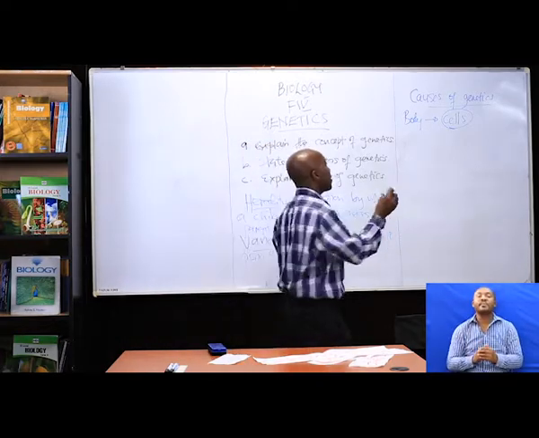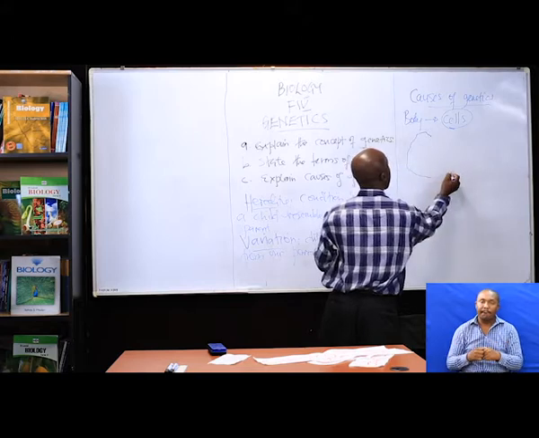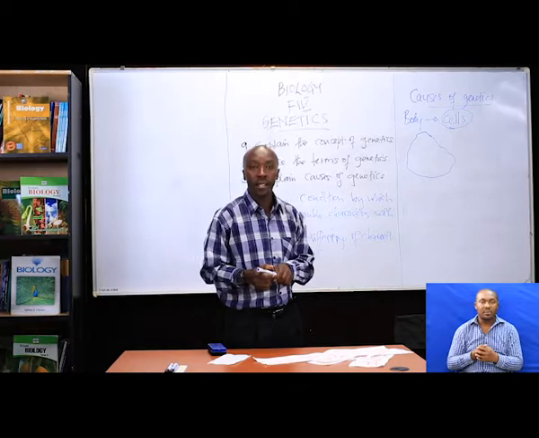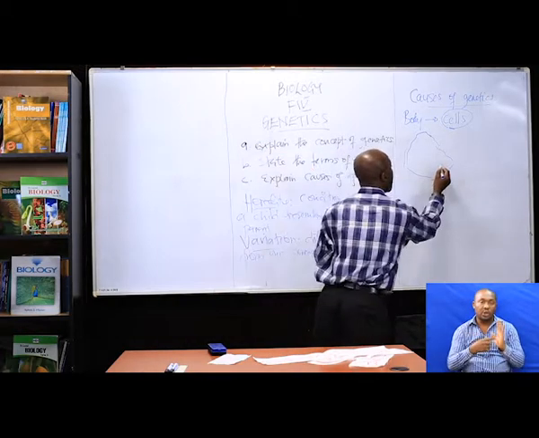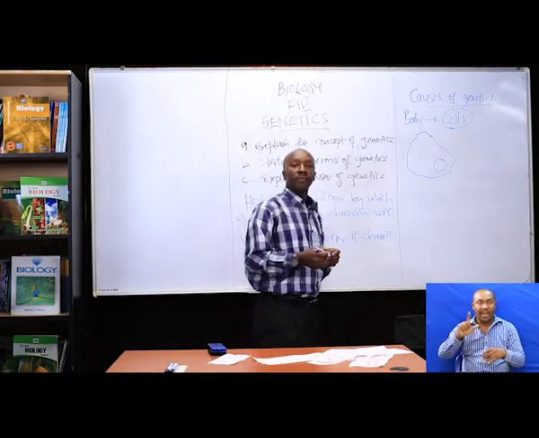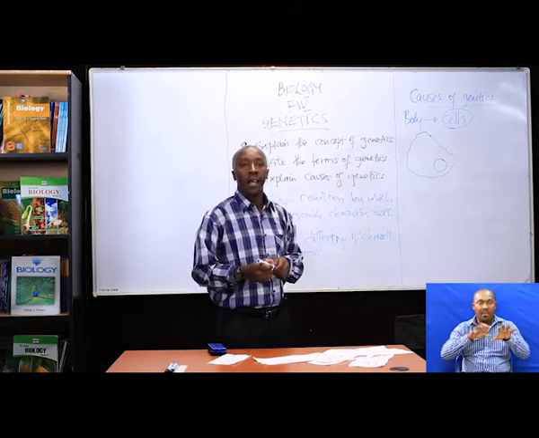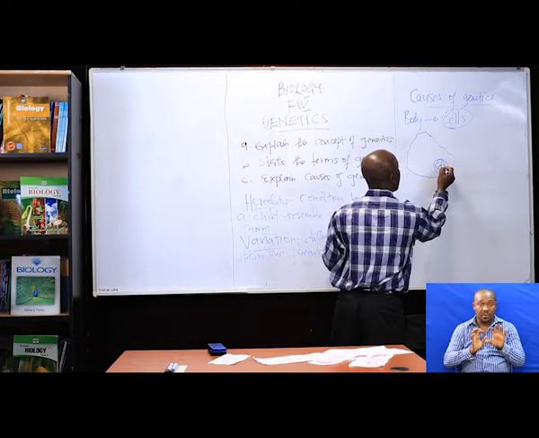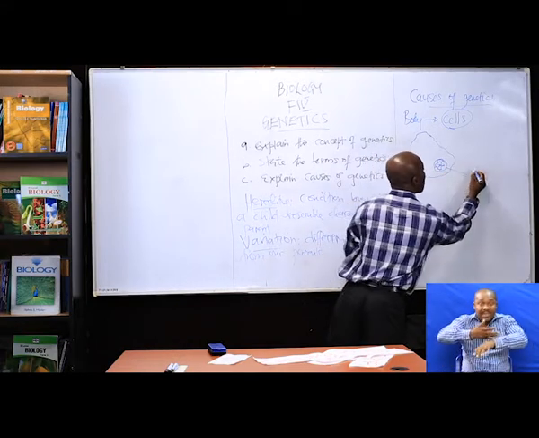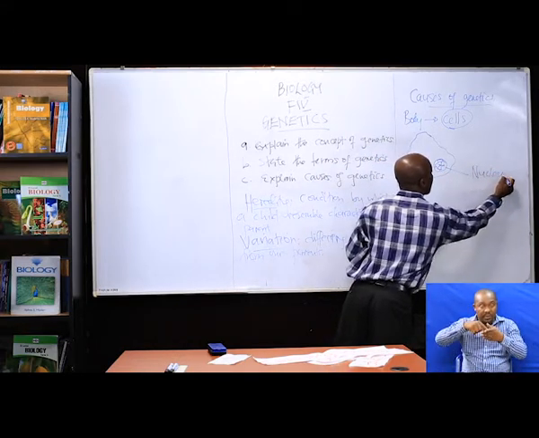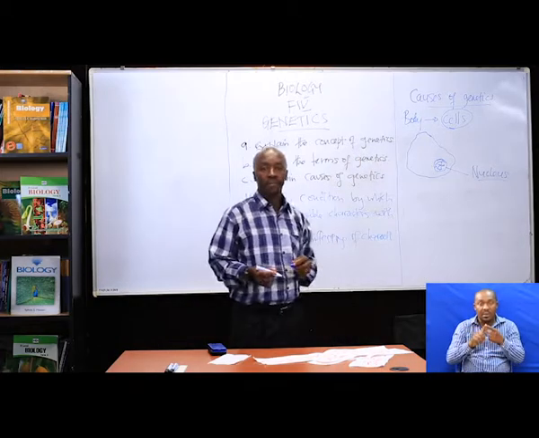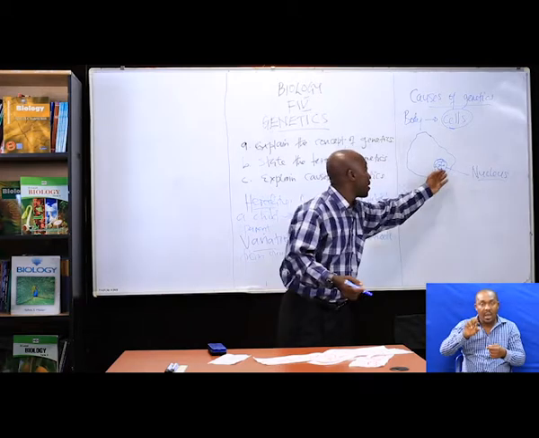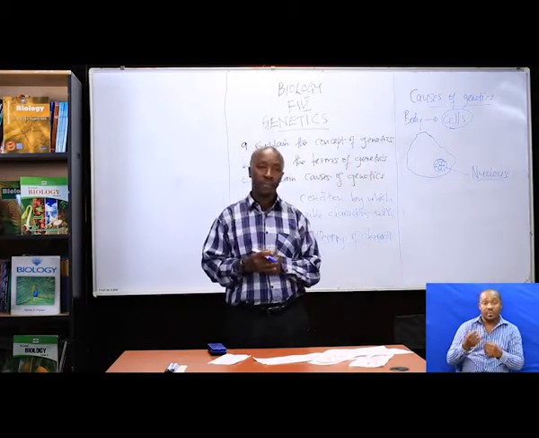And suppose this diagram represents a cell, an animal cell. The animal cell here consists of what is called the nucleus. The animal cells and even the plant cells consist of a nucleus.